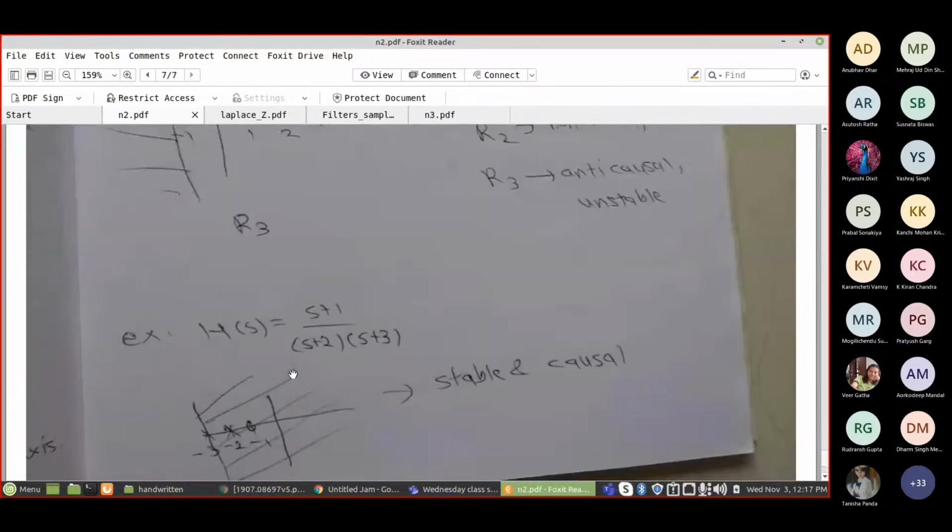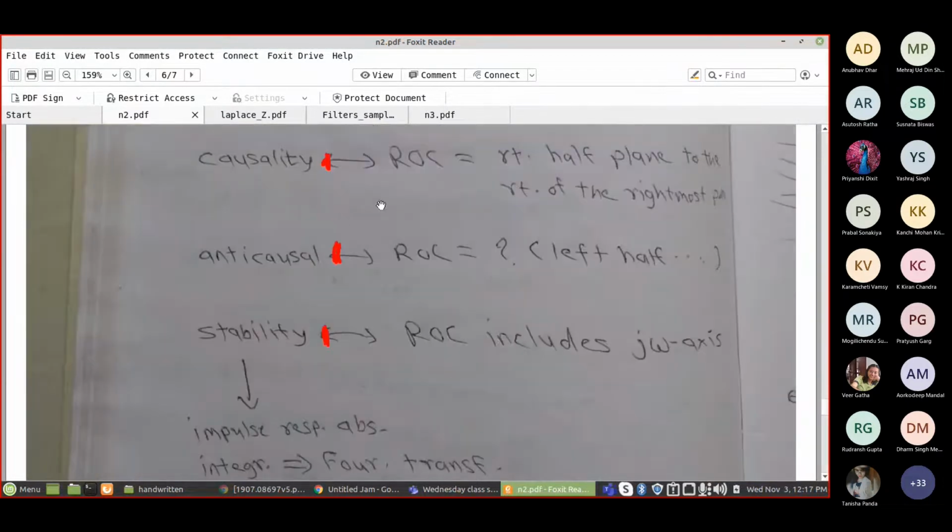But if only the ROC is given, here we are not assuming any explicit form of the time domain signal. We are just saying that it is causal or right sided. The explicit expression we don't know. So qualitatively, this is how the ROC will look. If the signal is right sided or causal, this will be its ROC.